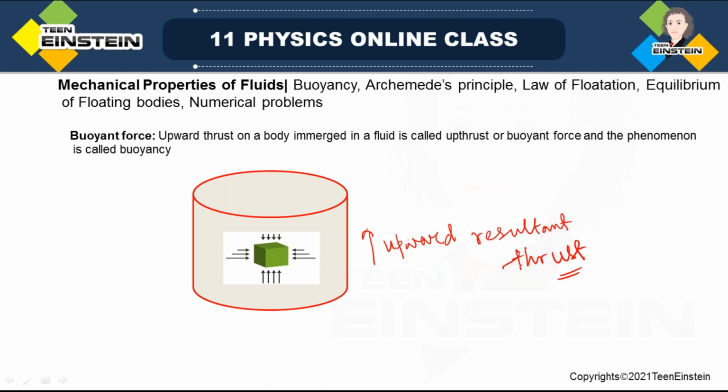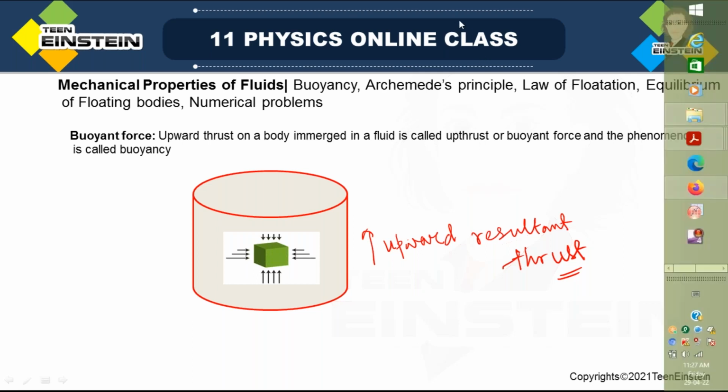So we have understood what buoyancy and buoyant force are. Buoyancy is the phenomenon in which, if we immerse an object in a fluid, the object experiences an upward thrust, which is called buoyant force.